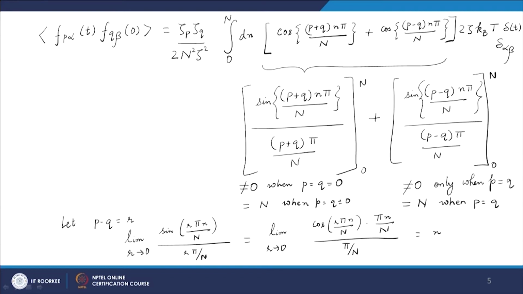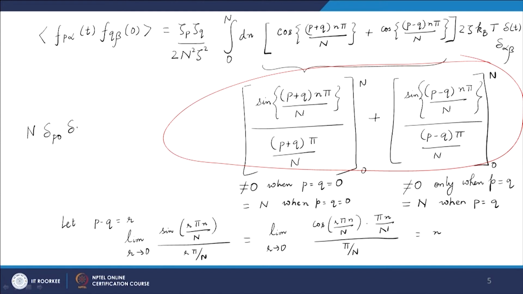So, as a shortcut I can look at this entire term and write the first term as something like n multiplied by delta p0 delta pq. Delta pq means it is only non-zero when p is equal to q, and delta p0 means it is only non-zero when p equal to 0.